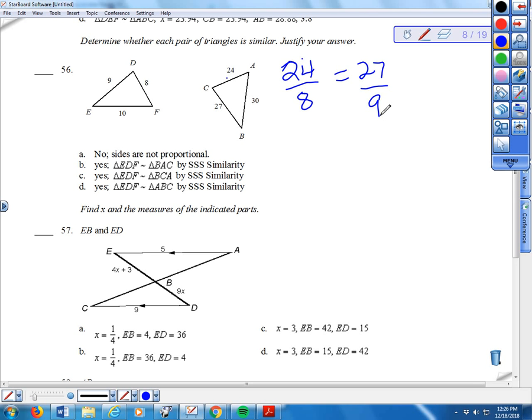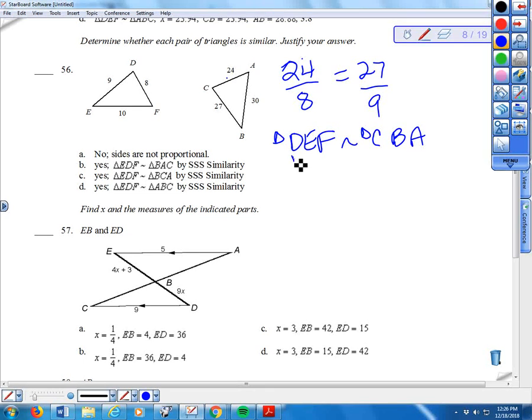So now I will say DEF is similar to CBA, right? DEF. Well, I'm going to have to rearrange them now.